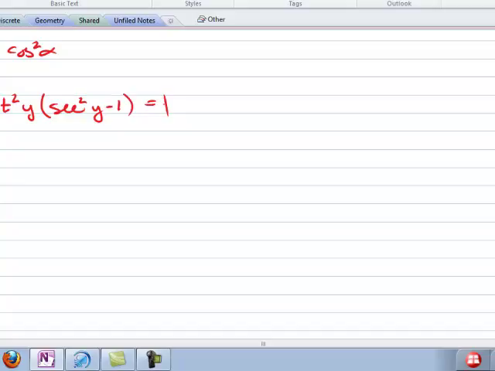Okay, what'd you try first? It's tangent squared, isn't it? Those are the ones that I keep forgetting. Yeah, secant squared minus 1 is tangent squared.